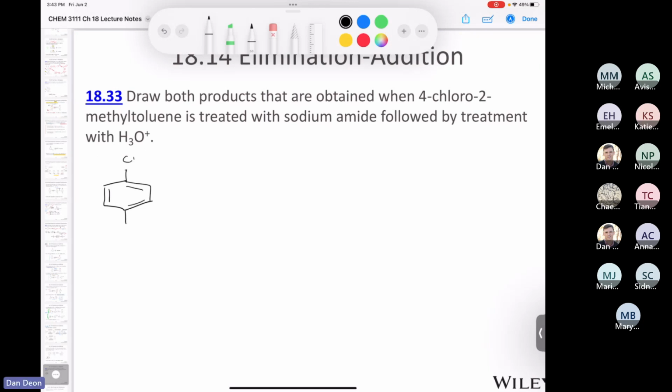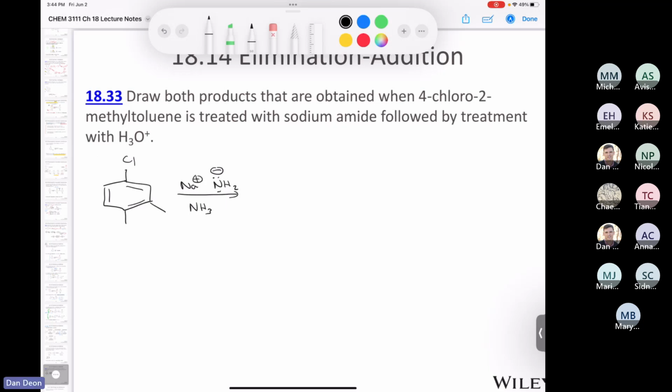If we put a chloro here and then a methyl here, that's 4-chloro-2-methyltoluene. And then we're going to treat it with sodium amide, that's Na plus, NH2. I get ammonia on the brain. There we go. Sodium amide, and of course that's in ammonia.